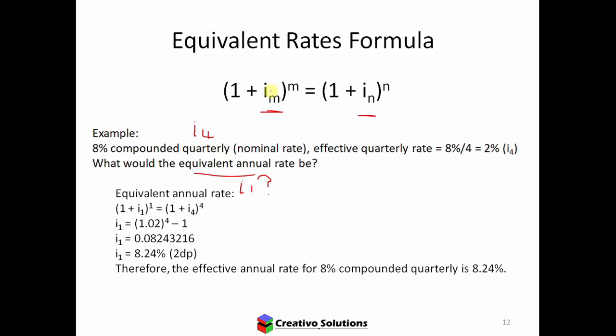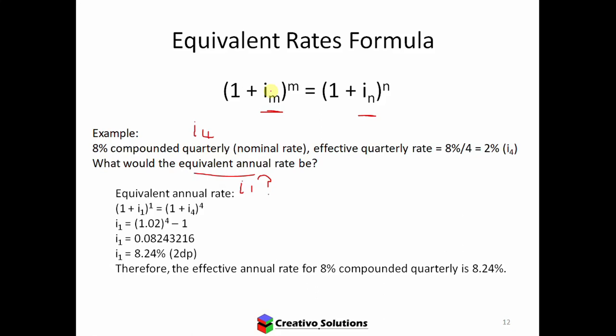So let's interpret this calculation that we've done. We said in this example that 8% is going to be compounded quarterly. If that 8% is compounded quarterly, then you're going to have quarterly interest that will be added to the basic amount, the principal amount, the present value, and that will increase over a period of time.